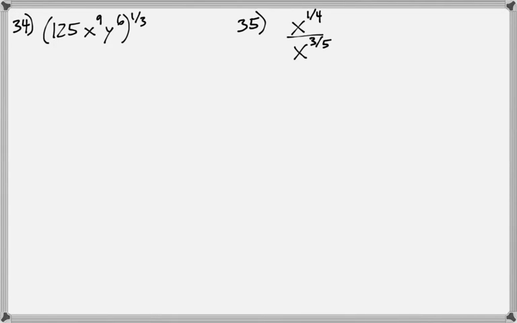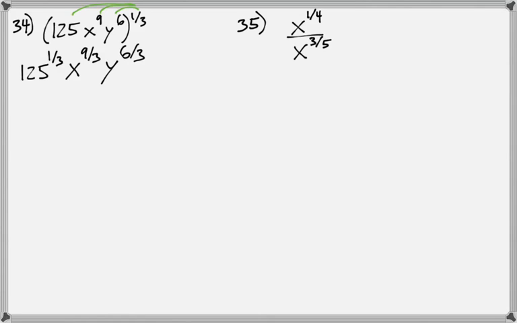For 34, I want to apply that 1/3 power to all of them. So that's going to be 125 to the 1/3, x to the 9/3, y to the 6/3. And then I need to simplify.